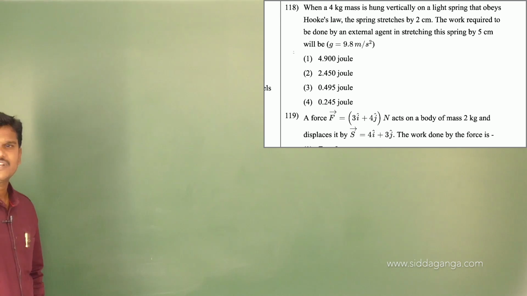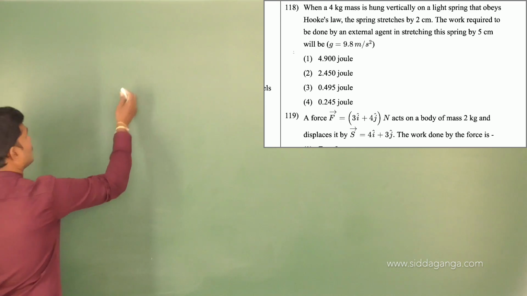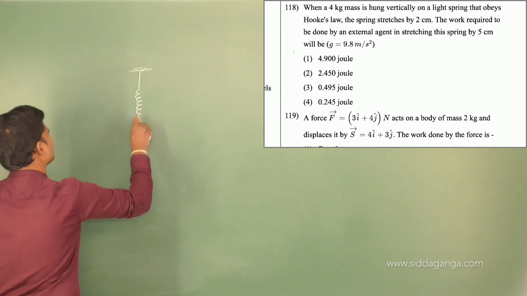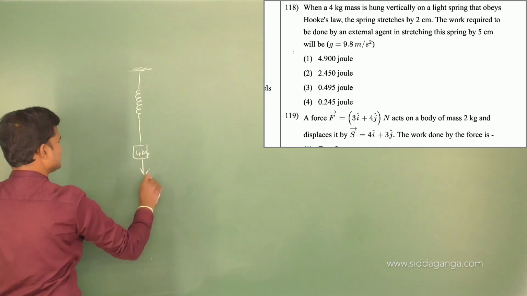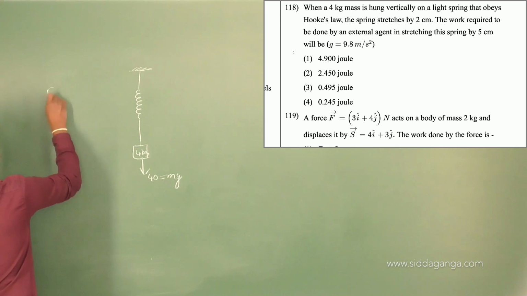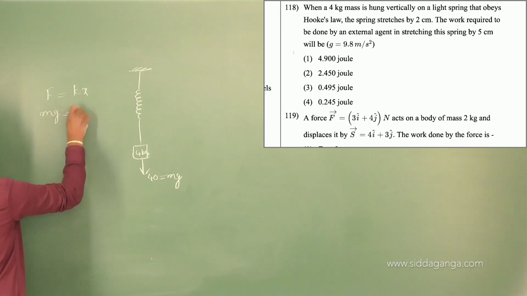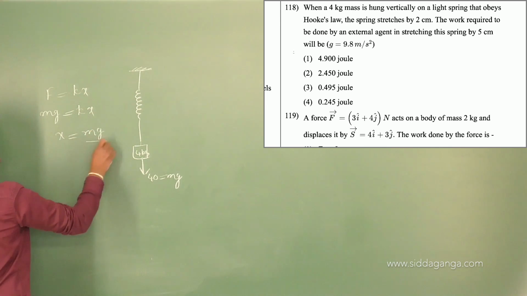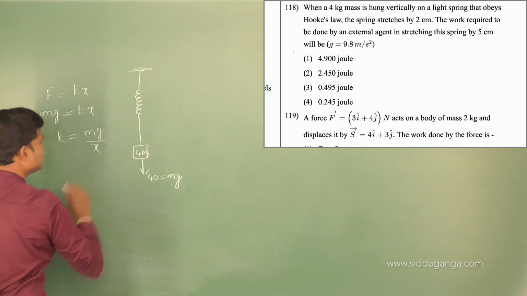When a 4 kg mass hangs vertically on a light spring, this is the 4 kg mass, and this is nothing but mg. We know F is equal to kx. This F is nothing but mg, so mg is equal to kx, or otherwise k is equal to mg by x.